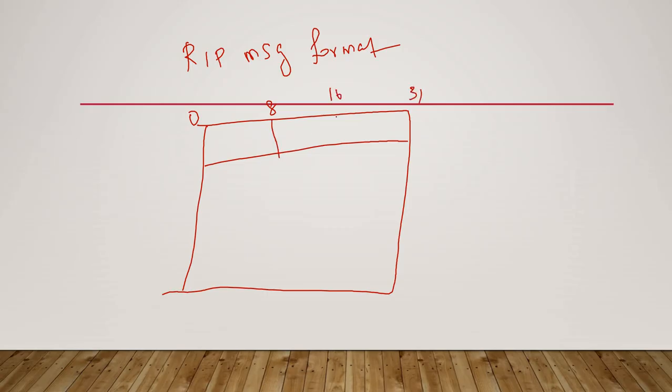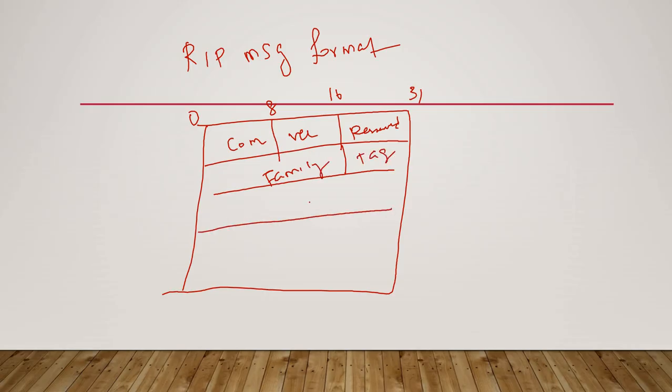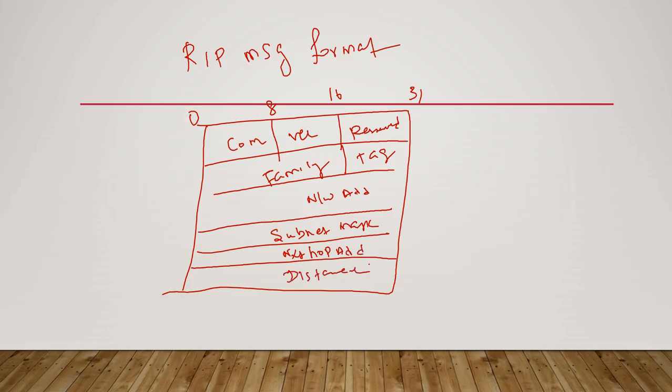There are three things: the first one is the command, the second indicates the version, and the remaining is for reserved purposes. Then the next part is family and tag, and the third part is for the network address and corresponding subnet mask, next hop address, and finally the distance.